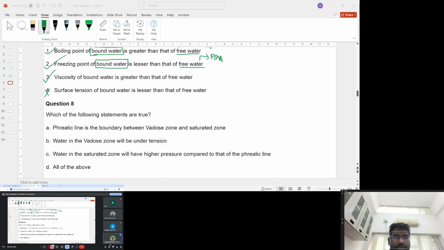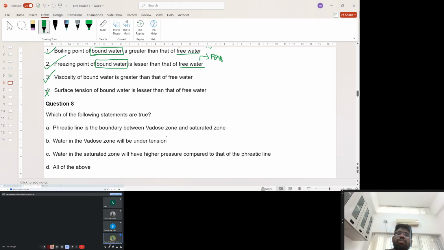Okay, now let us go option by option. Phreatic line is the boundary between Vadose zone and saturated zone. Vadose zone is essentially a partially saturated zone. If you take the water profile, it will be partially saturated, and at a particular point it will be completely saturated, which we usually demarcate as the groundwater level.